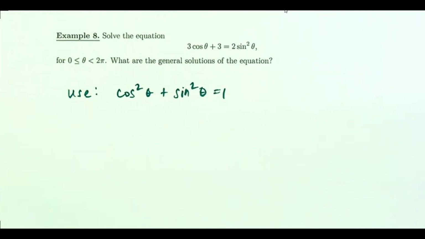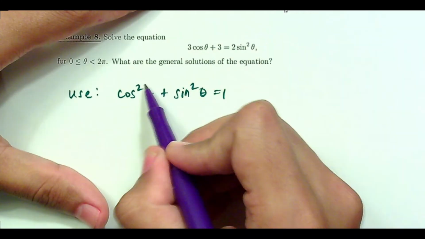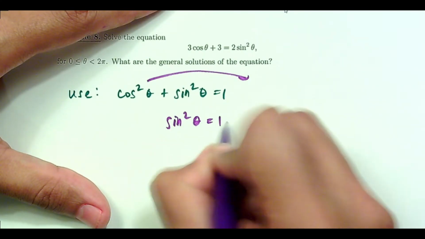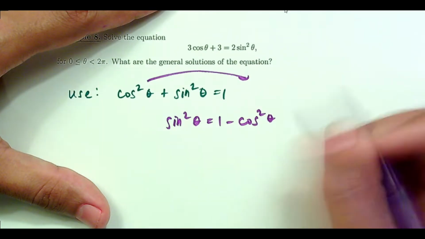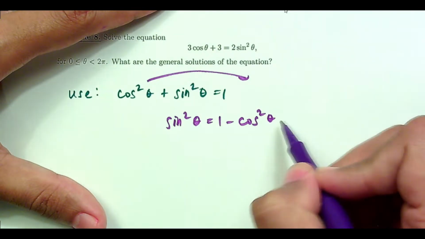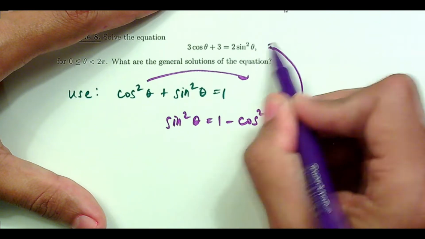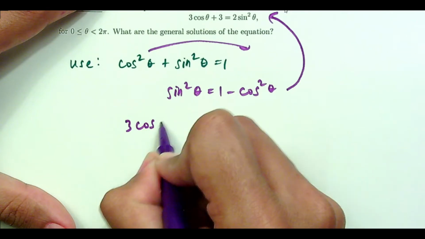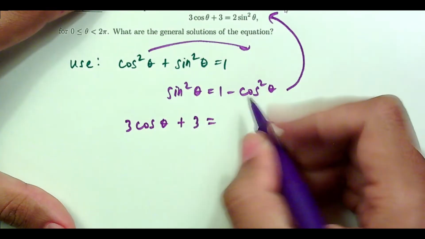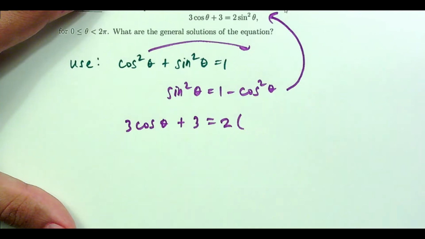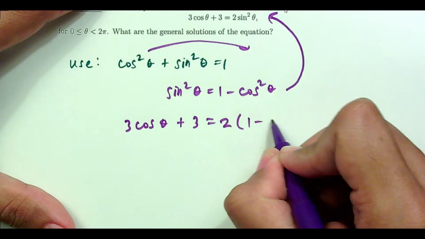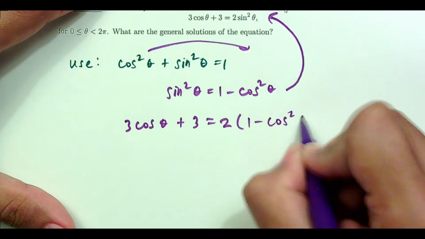Moving this to the other side, we get that sine squared of theta equals 1 minus cosine squared of theta, and if we replace it right here, we're going to get 3 cosine of theta plus 3 equals 2, and then I replace the sine squared with 1 minus cosine squared of theta.